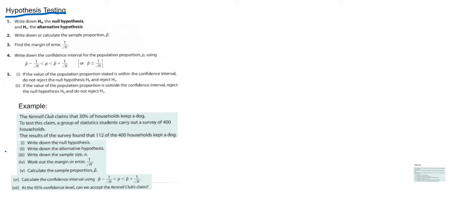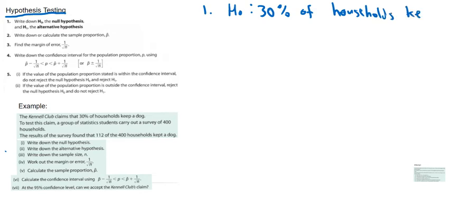So let's start anyway. So first step is to write down the null hypothesis and the alternative hypothesis. So the null hypothesis will just be the claim really. So in this case it's that 30% of households keep a dog. So that's the null hypothesis. That's basically what the claim is, or what they want to test.